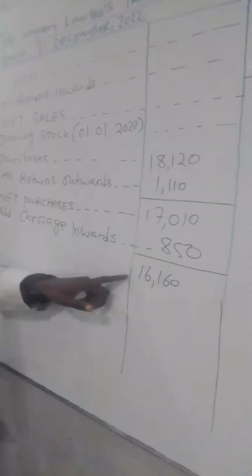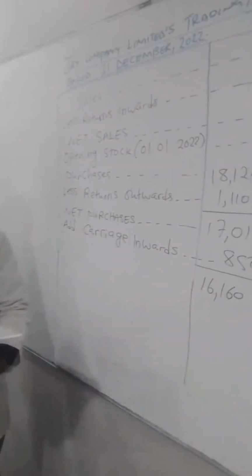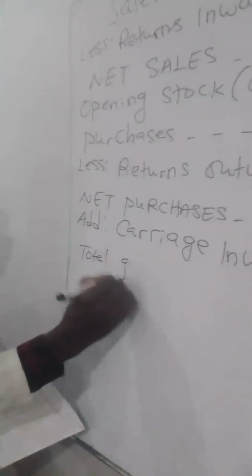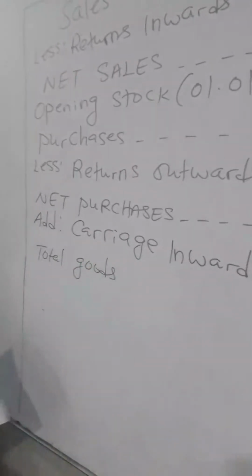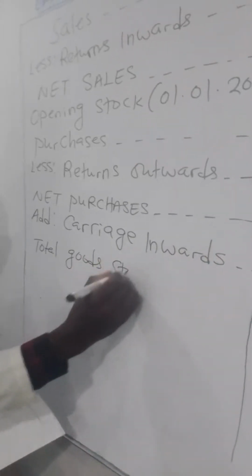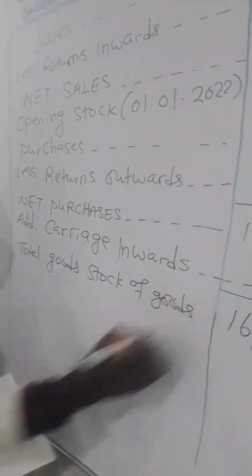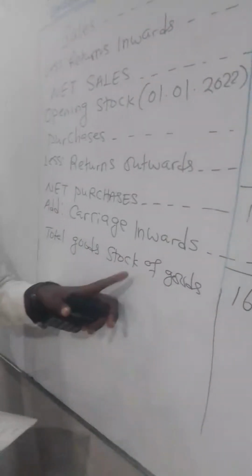Now, after you do this, you have to think about what other things we should add on to these purchases and their carriage inward. So this is what you're going to say: total stock of goods.